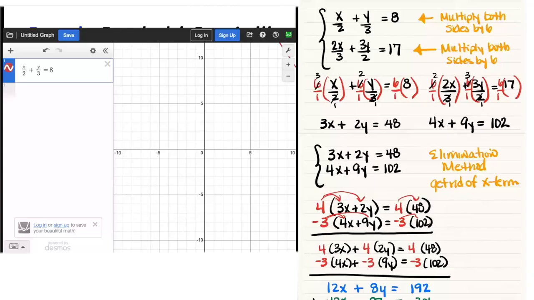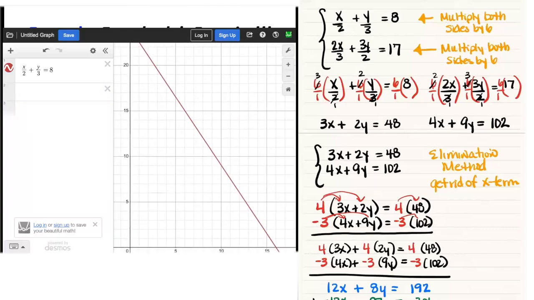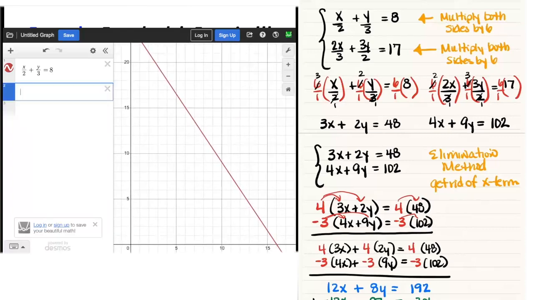And then, oh, I can't see it. It's up here. I was like, where is it? There it is right there. That's the red, okay? And then 2x divided by 3. Good. Come out of that. And I'm going to say plus 3y divided by 2. And then I'm going to say equals 17.